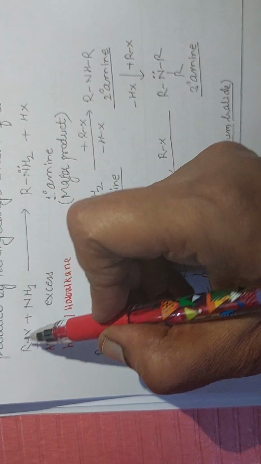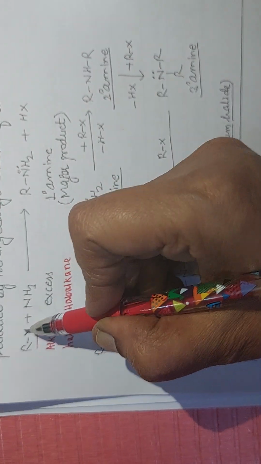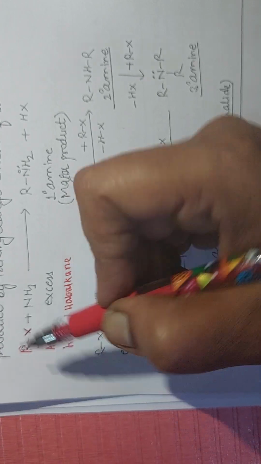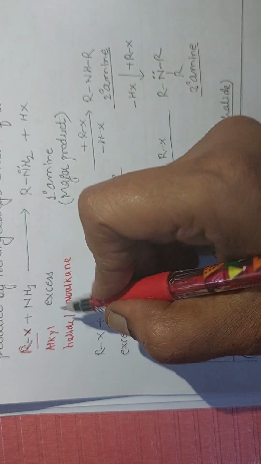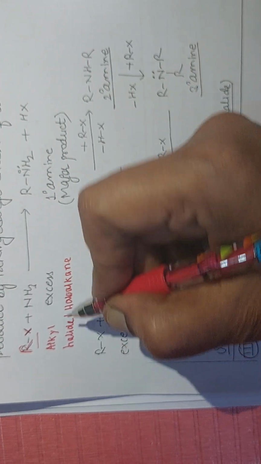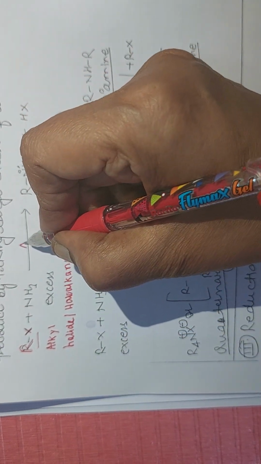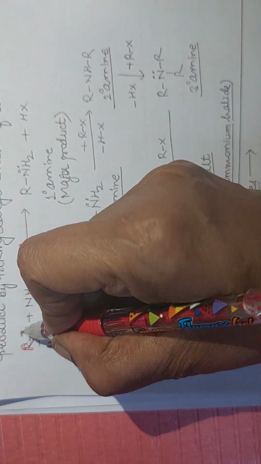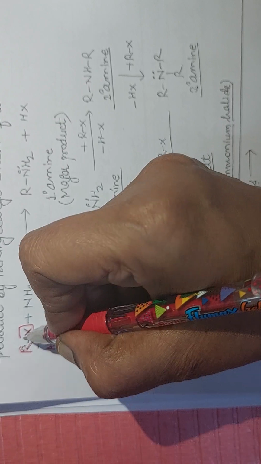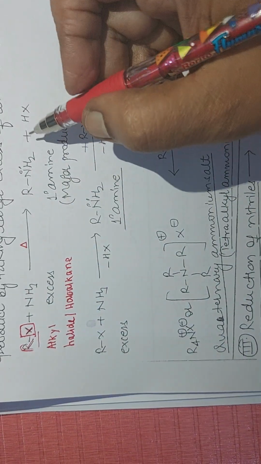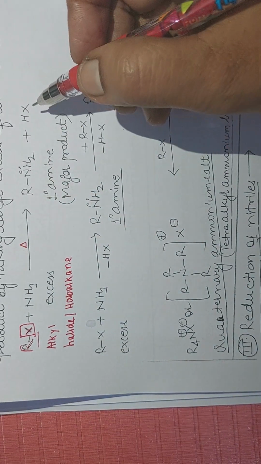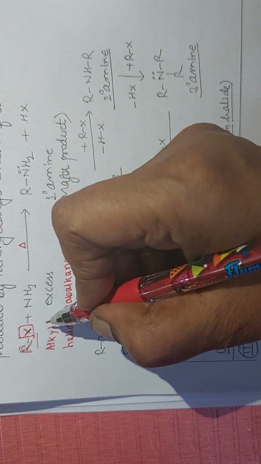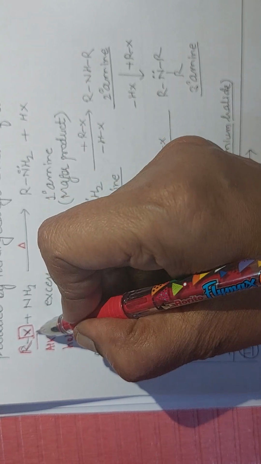Now the next method is Hoffman ammonolysis. In this method, RX, that is alkyl halide, common name, haloalkane IUPAC name, on heating with excess of ammonia, X, the halide ion, is replaced by the ammonia molecule forming primary amine, and this is a kind of nucleophilic substitution reaction.